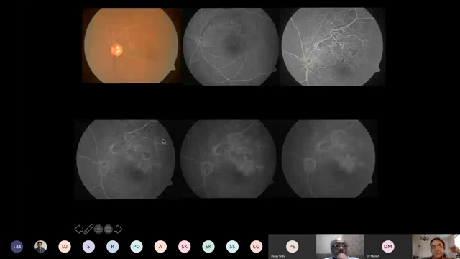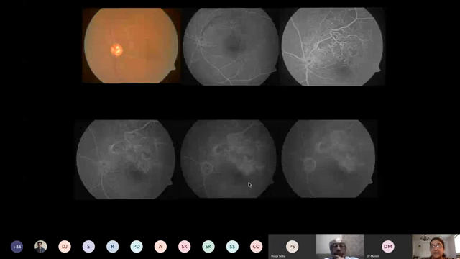The size has expanded, it has become much larger, and the margins have become more blurred. This is how I identify that I'm dealing with an active leakage of the dye and not with a pooling or with a staining. So again I repeat, if there is an increase in the size and the margins of the hyperfluorescence become blurred, that means you are dealing with an active leakage.